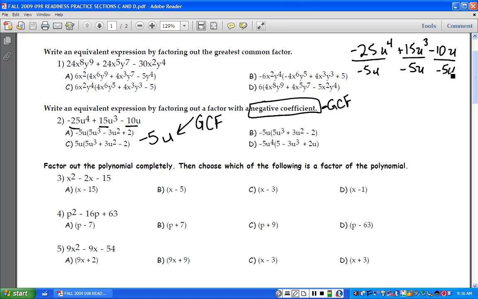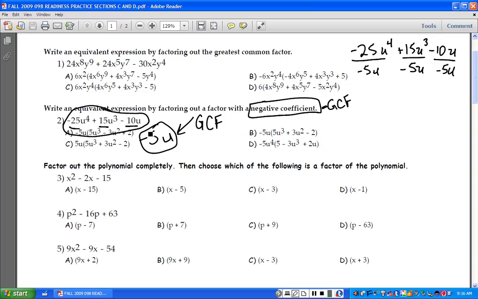That's all we're doing. Taking each term in the initial problem, the initial polynomial, and dividing each term by the GCF, which is a negative 5u.